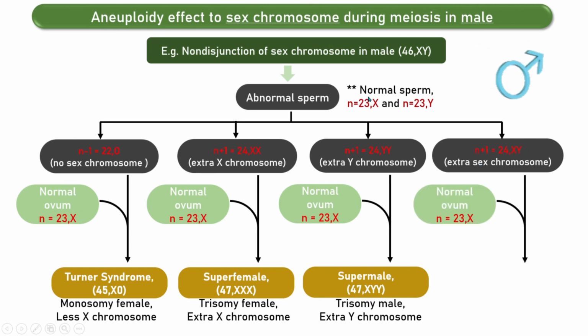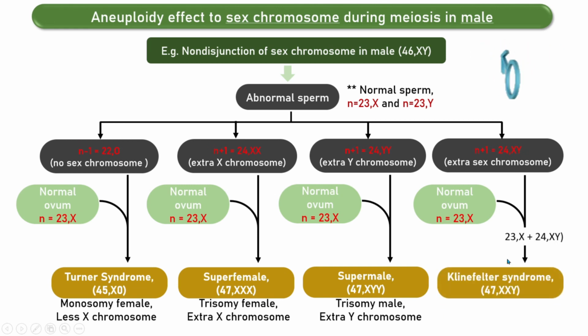If abnormal sperm N+1 with extra sex chromosomes, or carrying X and Y chromosome, is fertilized by normal ovum, it will produce an individual known as Klinefelter syndrome, where this is a trisomy male with extra X chromosome in its sex chromosome.